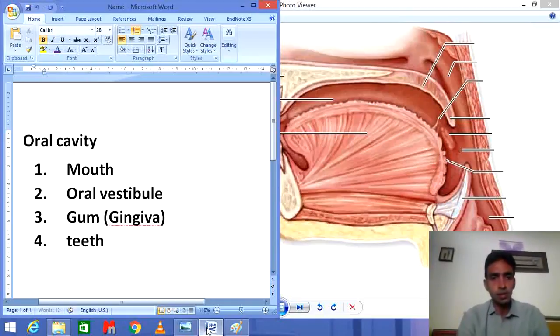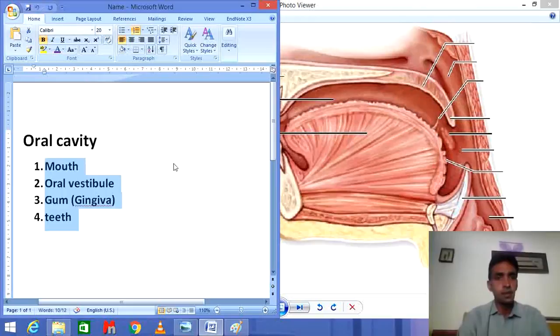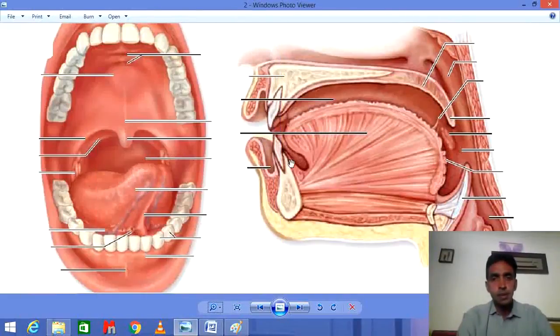Then a number of teeth are there. These are the various types of teeth. I am going to explain it later. But after teeth, you can see on the upper side of the oral cavity this portion.